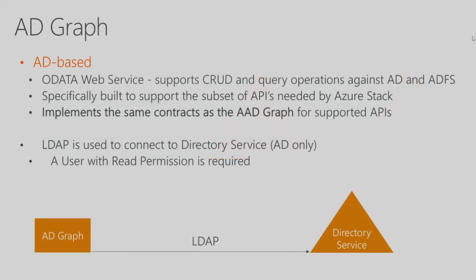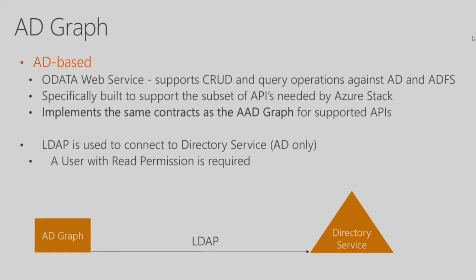Now, I promised you we're going to look more into Graph. So the AD Graph service is a service that on a high level enables all the RBAC scenarios in Azure Stack, no matter if it's on the operator side or on the user side. Now, the Graph service does require a user account from your Active Directory with read permissions.